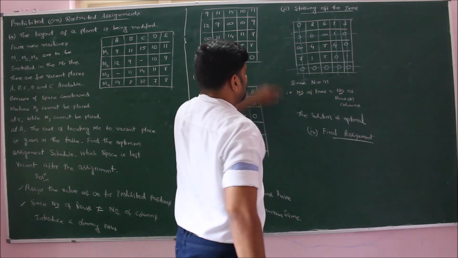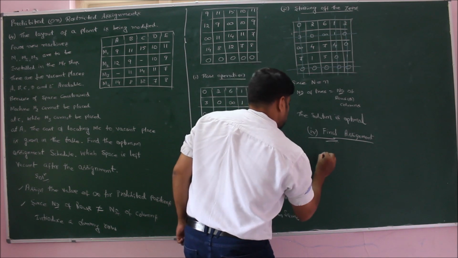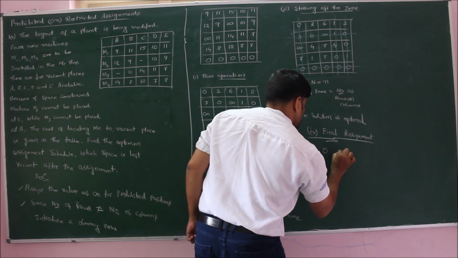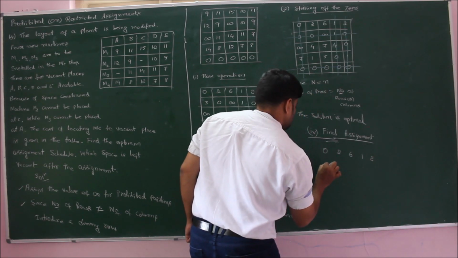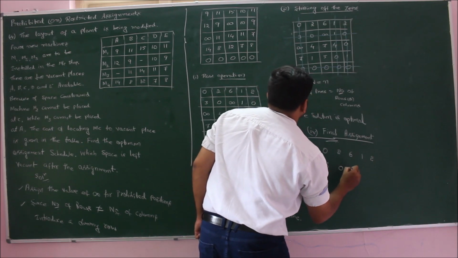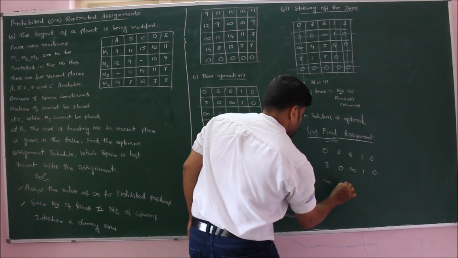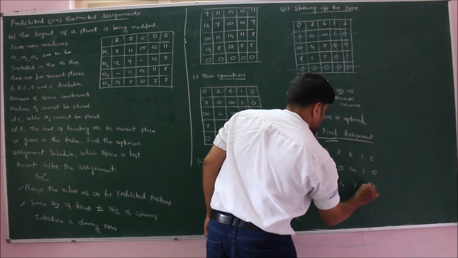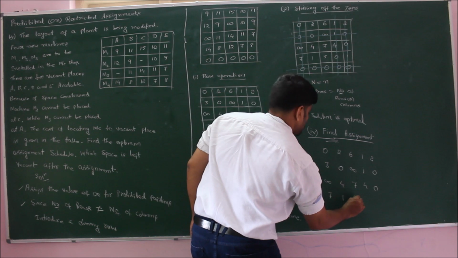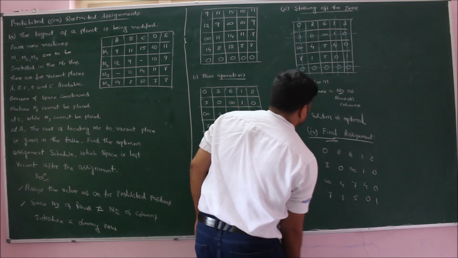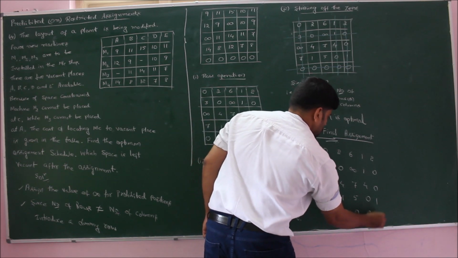For final assignment I want this matrix. So therefore rewriting that matrix we have 0, 2, 6, 1, 2, 3, 0, infinity, 1, 0, infinity, 4, 7, 4, 0, 7, 1, 5, 0, 1, 0, 0, 0, 0, 0, 0, 0.